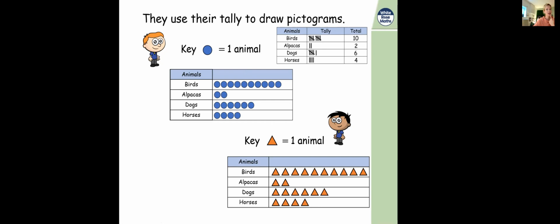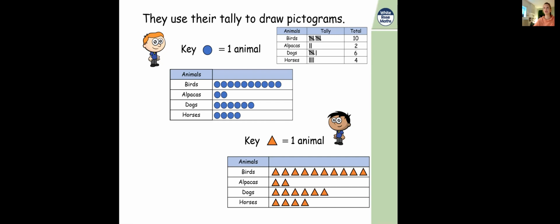Pictogram. There's a clue there in the word as to what might be in pictograms. That's right, pictures. Pictures represent data in pictograms in all sorts of ways. And it's very important that we understand what those pictures mean.